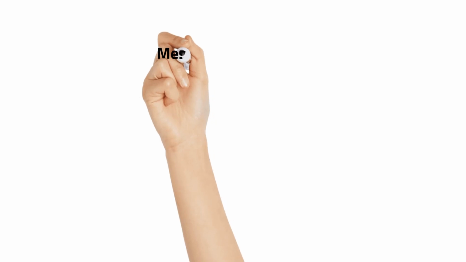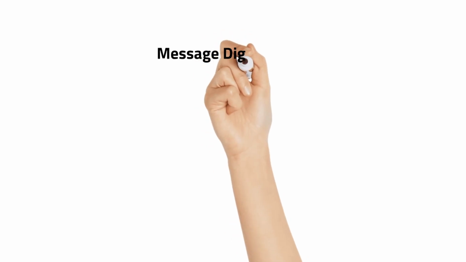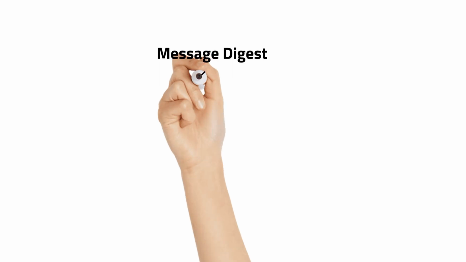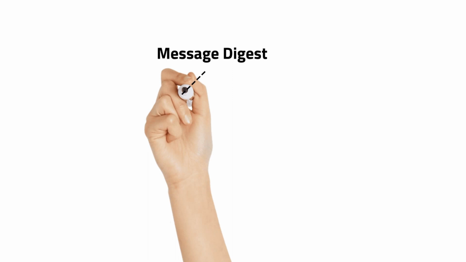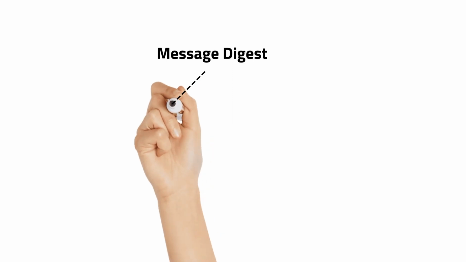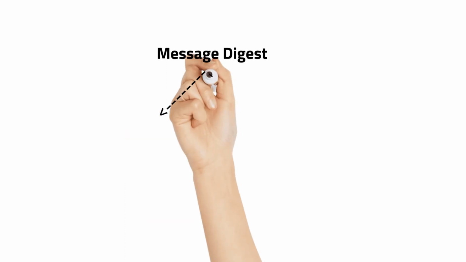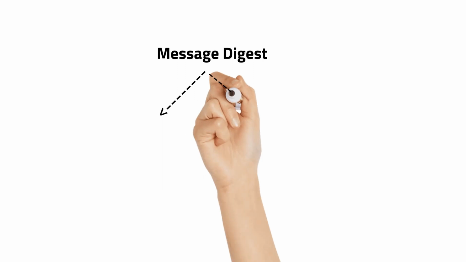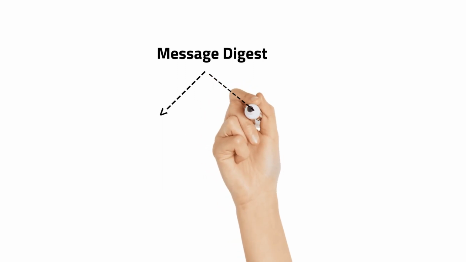The sender generates this message digest with the original message and transmits both this message digest and the message to the recipient. Why do we need to send both? Because the receiver will again compute the digest value for the original message and compare it with the one received from the sender.